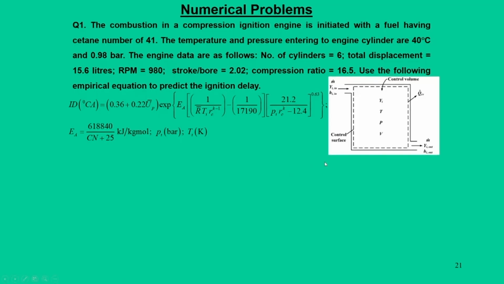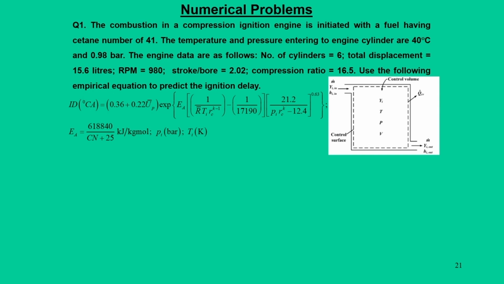Now, before we proceed, I will try to solve a very simple problem. We are trying to link this concept with compression ignition engine combustion. In a CI engine we all know that we have diesel fuel and air, and mixing takes place in the combustion chamber.